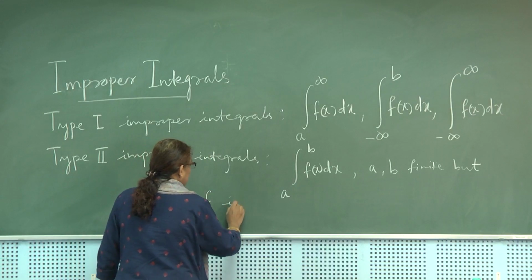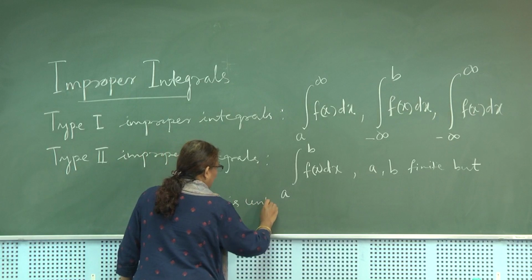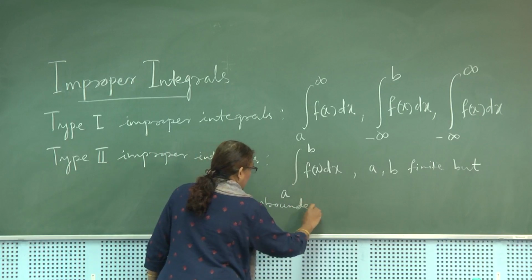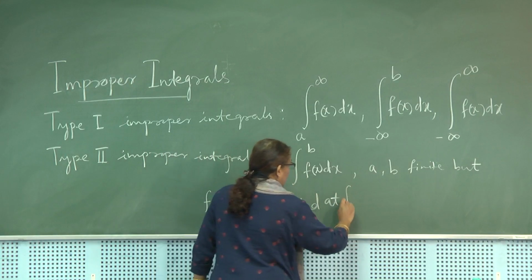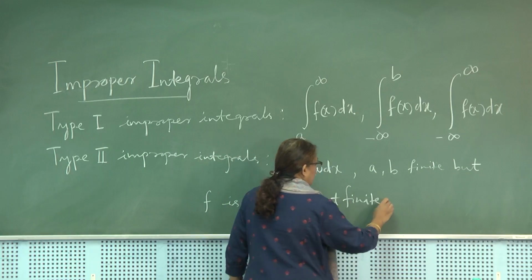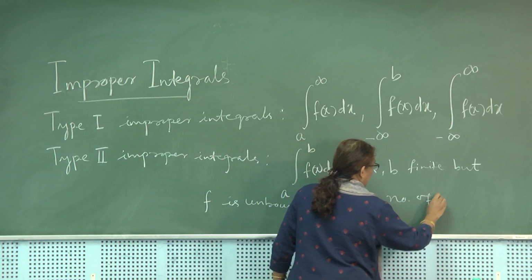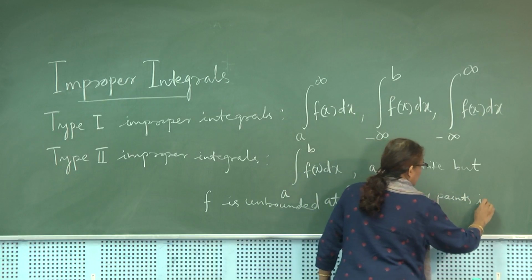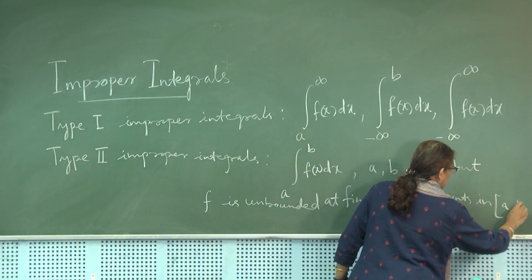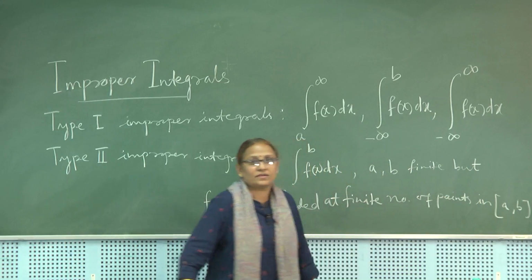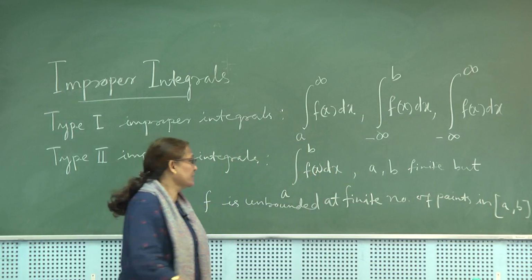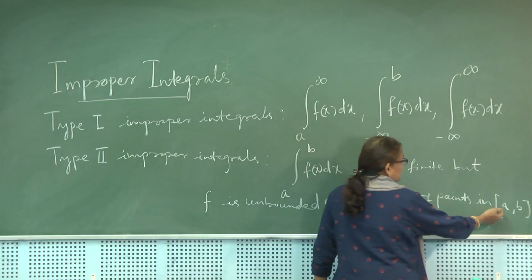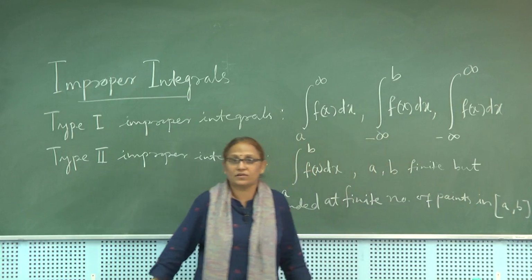but f is unbounded at a finite number of points in this closed interval a b; the function may be unbounded at these endpoints also, at a or at b.